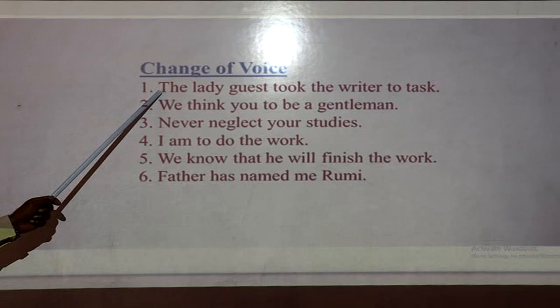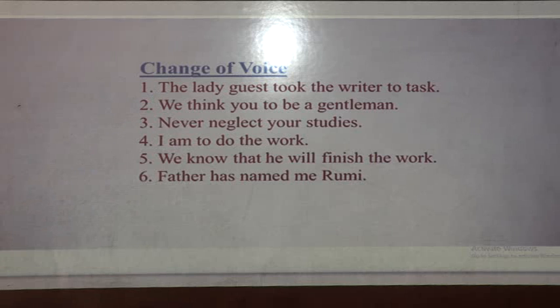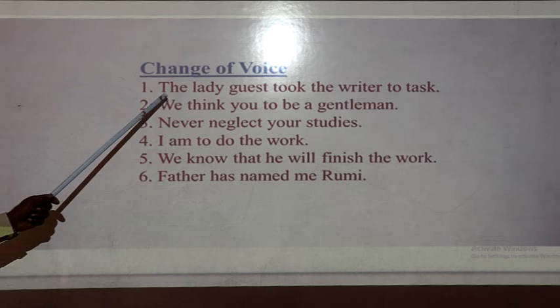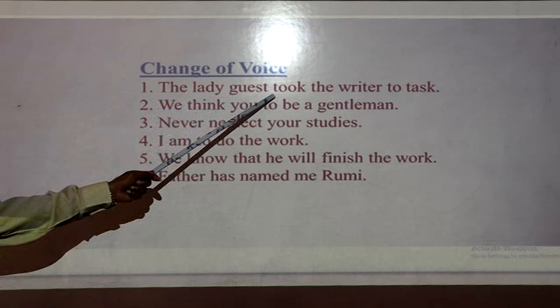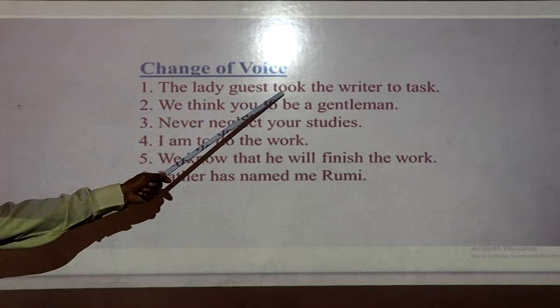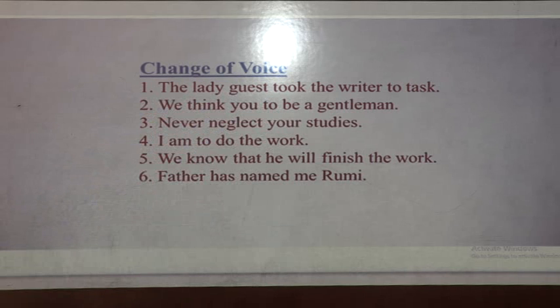Number 1, The lady guest took the writer to task. We know in case of changing sentence, we have to know the parts of the sentence: subject, verb, object, extension. The lady guest is subject, took is verb, the writer is object, to task is extension.